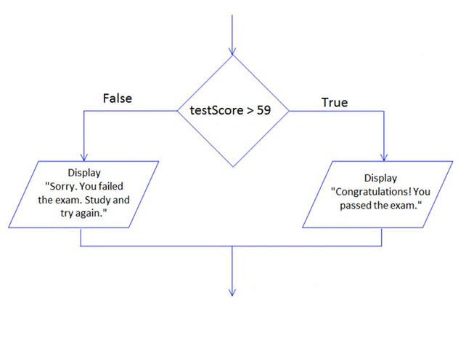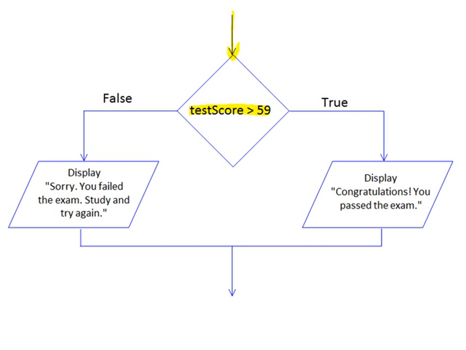This is an example of how we would represent an if-else statement in a flowchart. When the program comes into the diamond symbol, it tests the Boolean expression, in this case testScore greater than 59. If that expression is true, the program follows this path of execution, which leads to an output operation displaying "Congratulations, you passed the exam," and then the program continues.